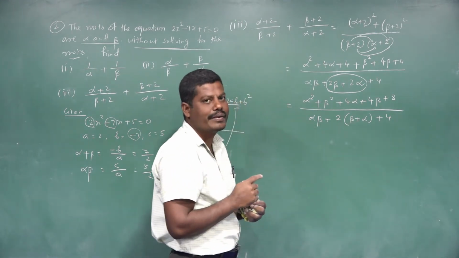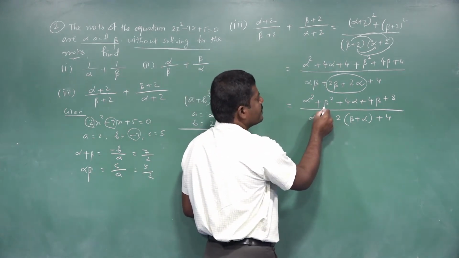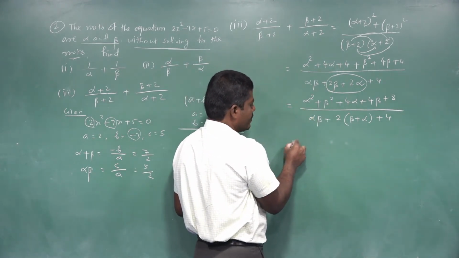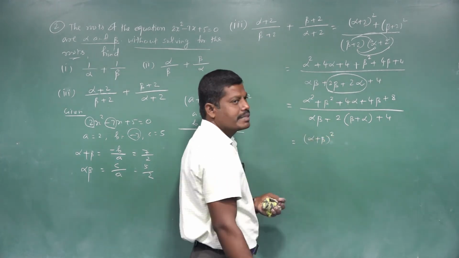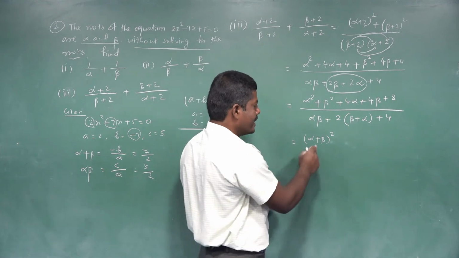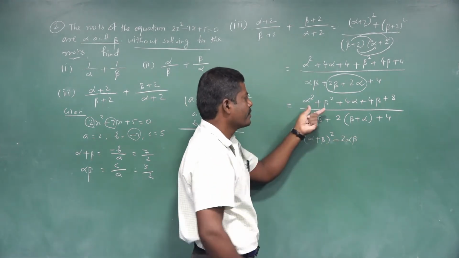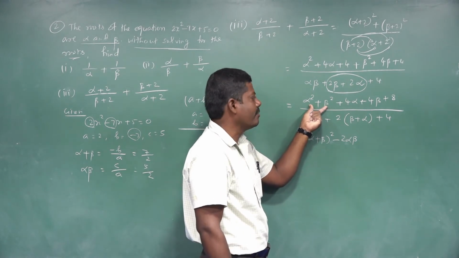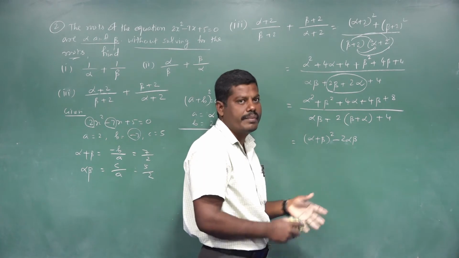So the denominator is over. In the numerator, we know that alpha square plus beta square is equal to alpha plus beta the whole square minus 2 alpha beta. We know the formula: alpha square plus beta square is nothing but alpha plus beta the whole square minus 2 alpha beta.